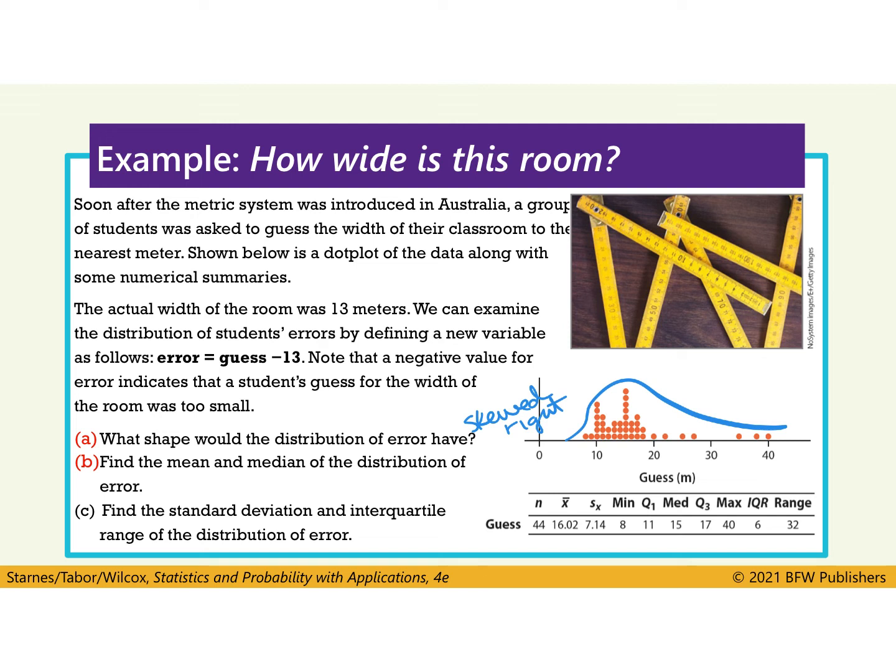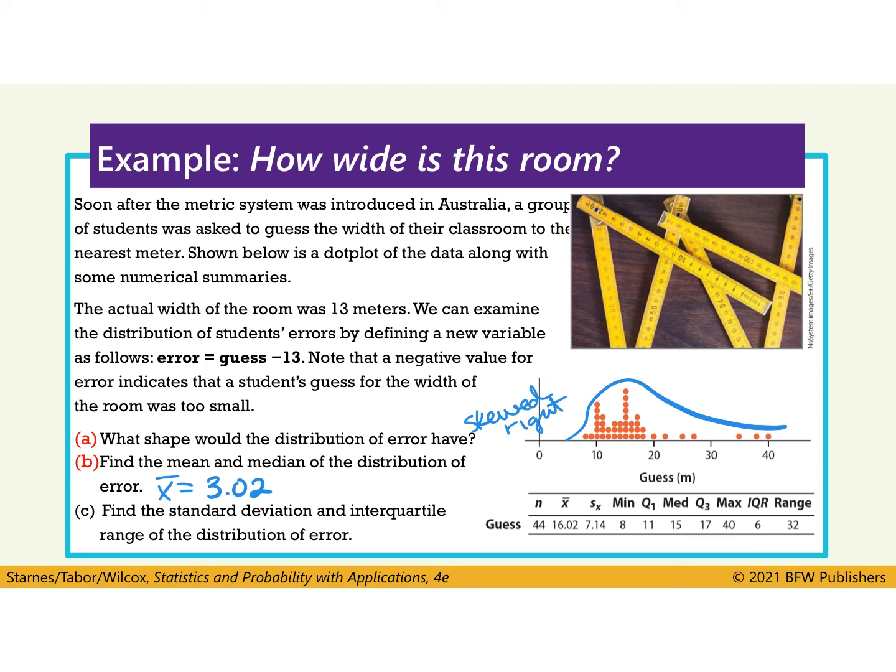What will the new mean and median be? Higher or lower? What are we doing to all of the data? We're subtracting 13, right? So if the mean is 16.02, what's the new mean going to be? 3.02.